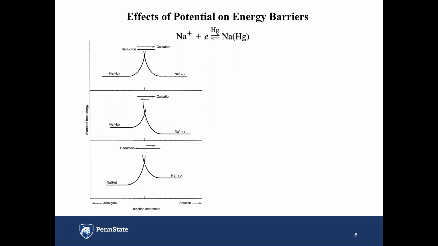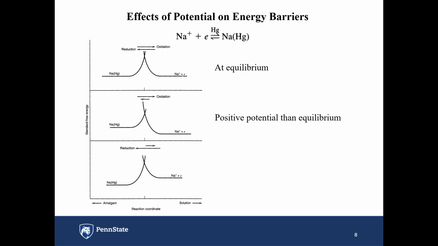For example, we have a reaction where sodium gains 1 electron and dissolves in the mercury. It will form sodium dissolved in mercury, right? And once it is at equilibrium, these two reactions are equal. You can see this is sodium and this is sodium ion. Assume their free energies are equal, so we get both sides the same.